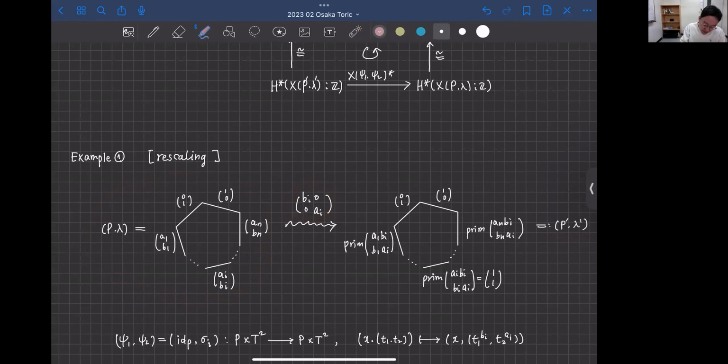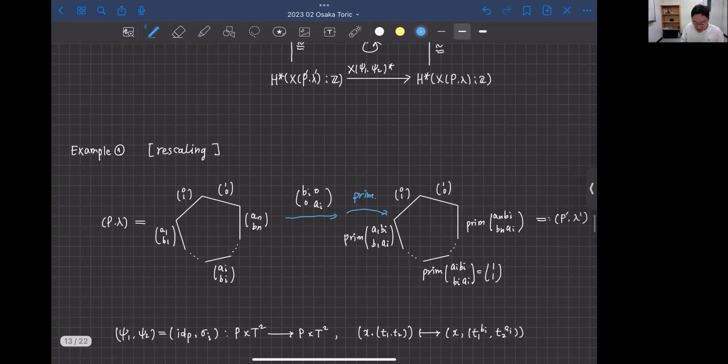To be more precise, not directly: first we take a product and then take a primitive, because multiplying this matrix, the resulting vector may not be primitive. Remember that taking the primitive vector does not affect anything about the underlying topological space of the corresponding toric variety. It's just a matter of direction, right?